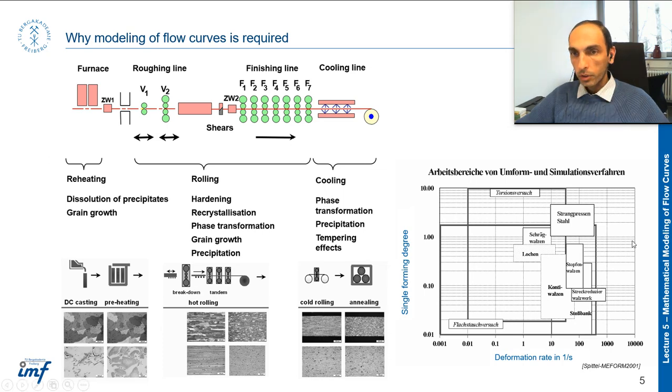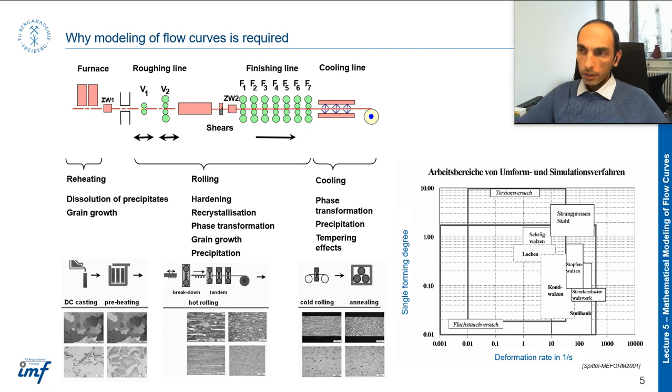However, for different processes, you see that the special range of deformation rate is required for the rolling, for drawing, and any other process. I will fix this figure and I will reflect the translated labels in the PDF file again later.